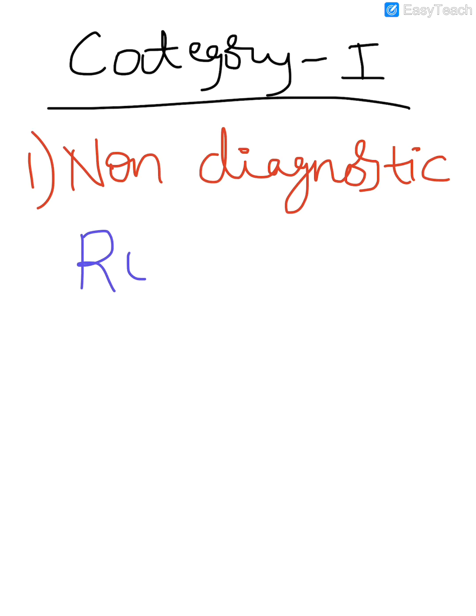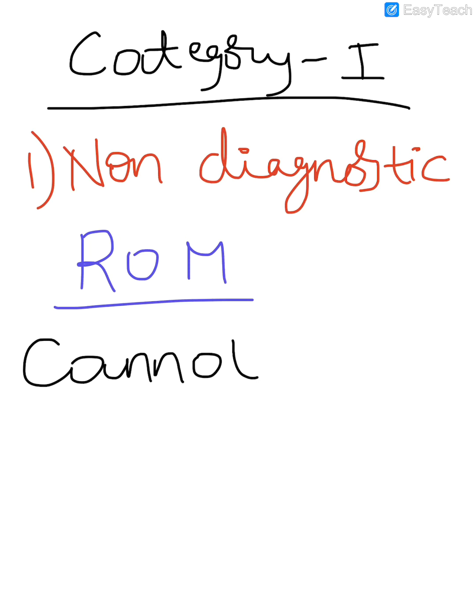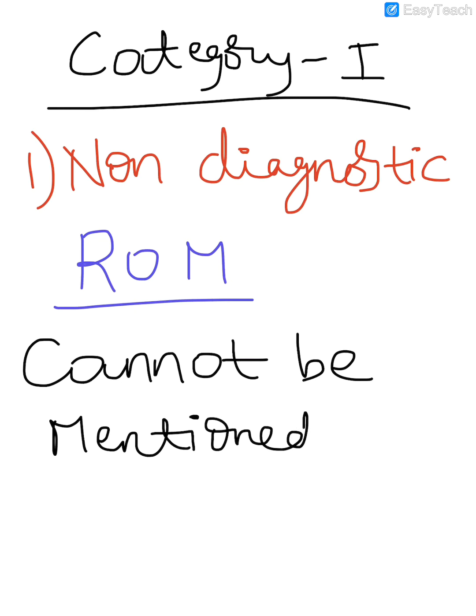Here in the non-diagnostic category, the risk of malignancy cannot be mentioned. Why can the risk of malignancy not be made out in category 1 of the Bethesda system of thyroid cytopathology?